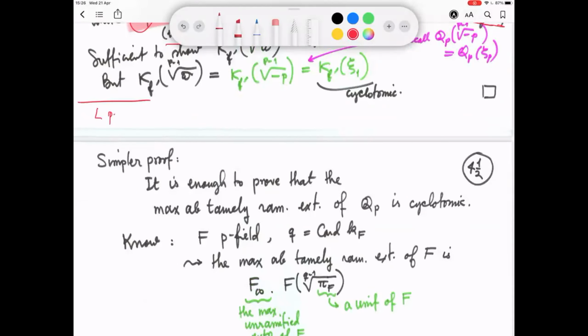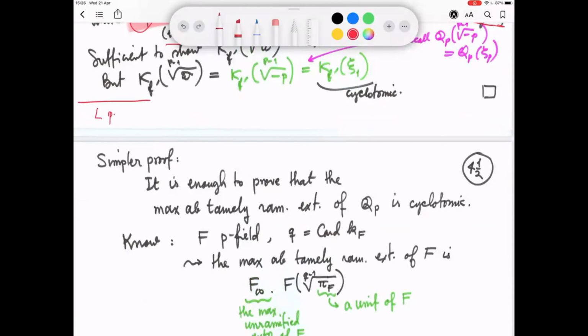If I have a p-adic field F, no matter which one, and q is the number of elements in the residue field, then the maximal abelian tamely ramified extension of F is obtained from the maximal unramified extension of F by adjoining just a (q minus 1)th root of any uniformizer of F.